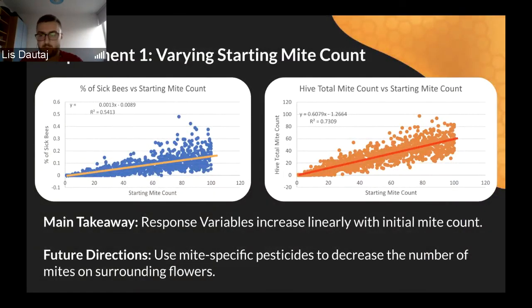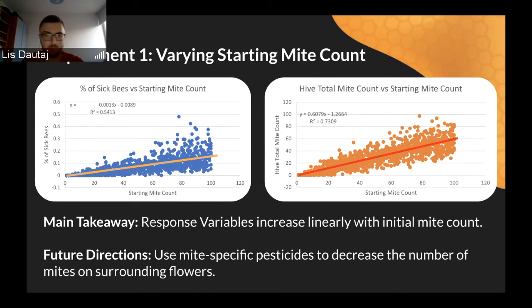We first varied the number of starting mites, which are the mites that are on the flowers and then latch onto a bee and then go to the hive. We weren't surprised. This is a pretty linear growth. The more mites you have in flowers, the more chance they go to the hive.